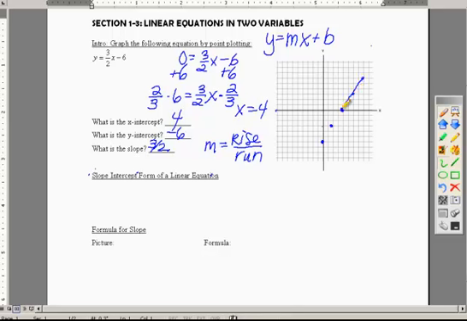And I connect the dots and extend it with arrows. Please remember a line goes on forever, so the arrows are important. And if you notice, then this y-intercept here is -6, and this x-intercept right here occurs at a +4.